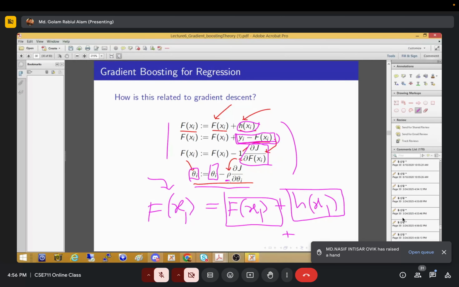Rho is our learning rate, and the gradient is whatever we got from our loss function. So what we need to do is calculate the residual, the negative residual, which is the same as our gradient. So it updates the same way as gradient descent.